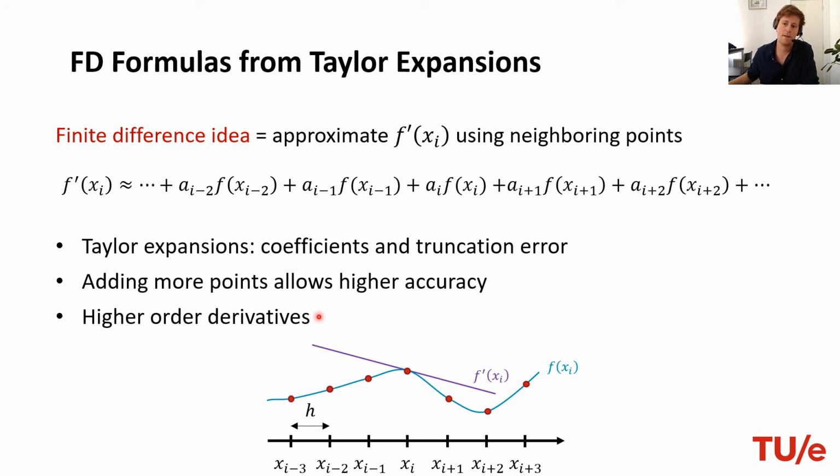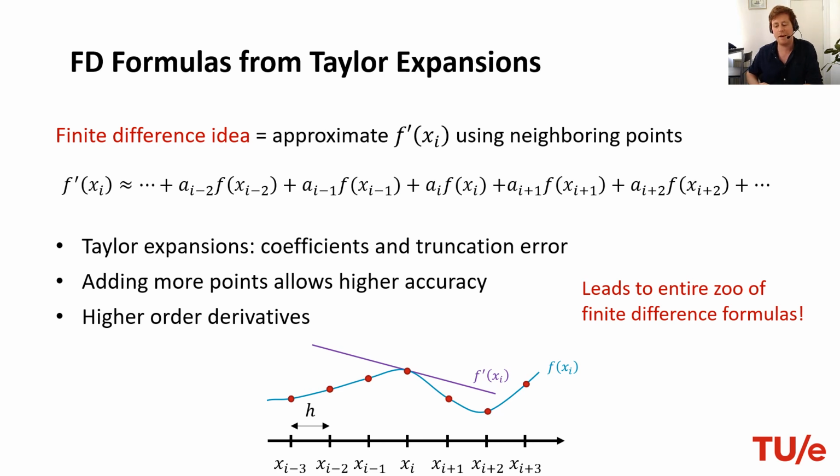And we did this for the second order derivative, but you can just as easily come up with finite difference schemes for third order derivative, fourth order derivative, using forward schemes, backward schemes, central schemes. And you can easily see that in the end, this will lead to a big collection, or an entire zoo, so to speak, of finite difference formulas.